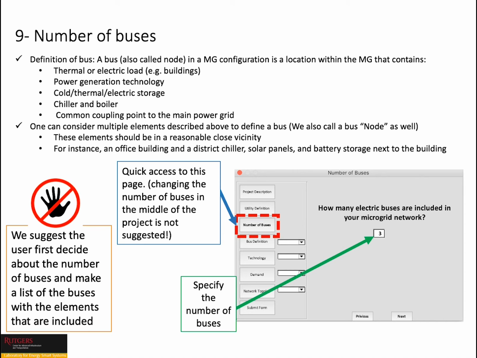Before you begin the process of inputting your information into the RULESS tool, you will need to decide the number of buses and make a list of those buses with their elements that are included. It is not suggested that you go back and change a number of buses in the middle of the process.